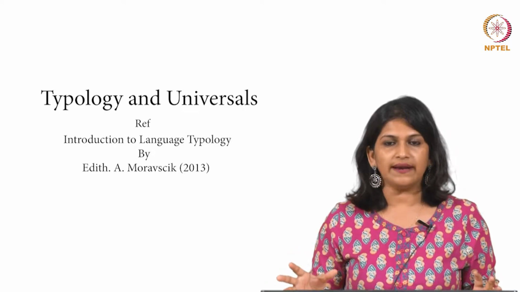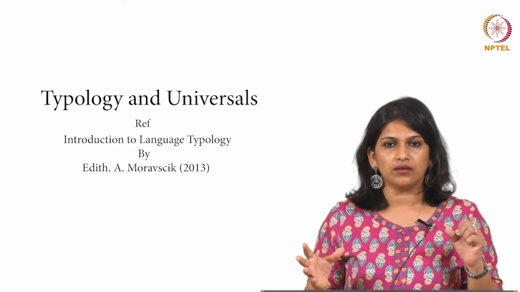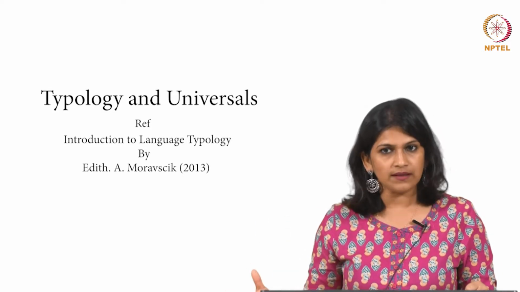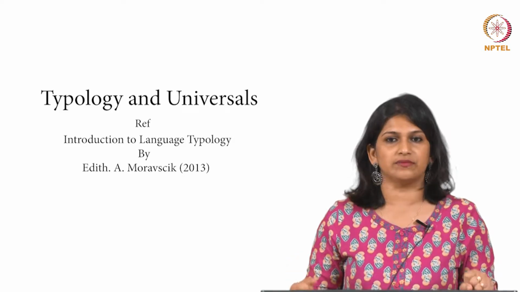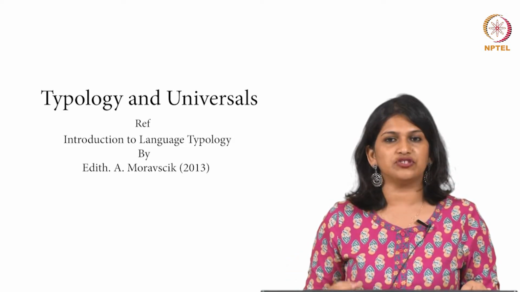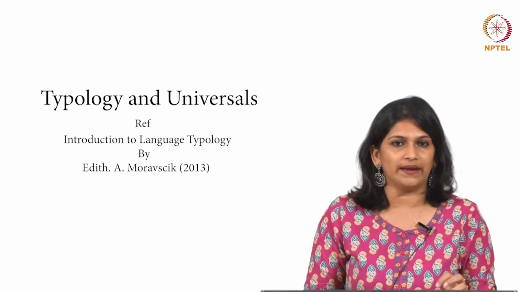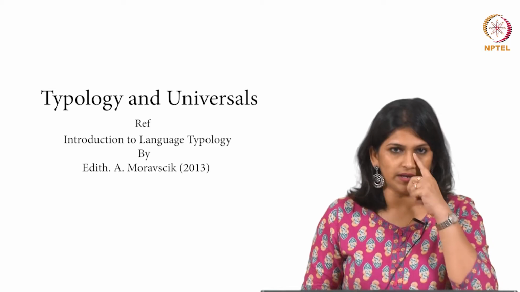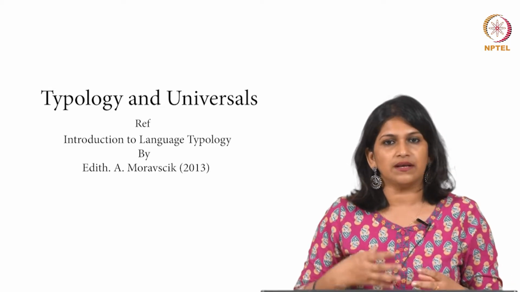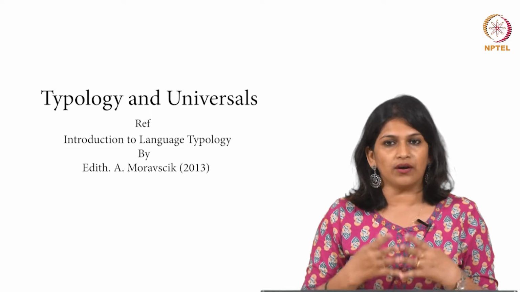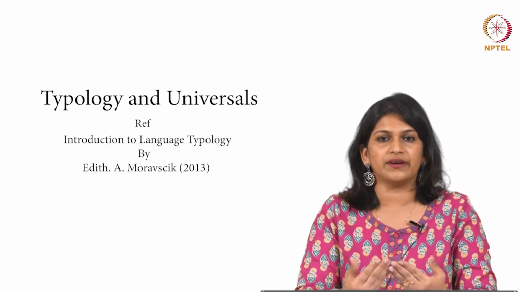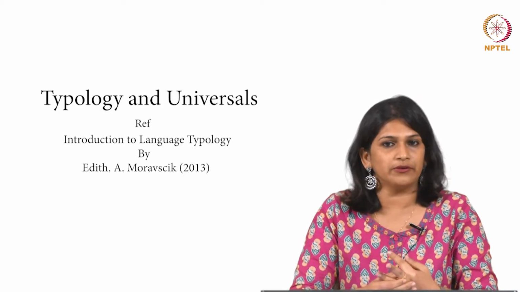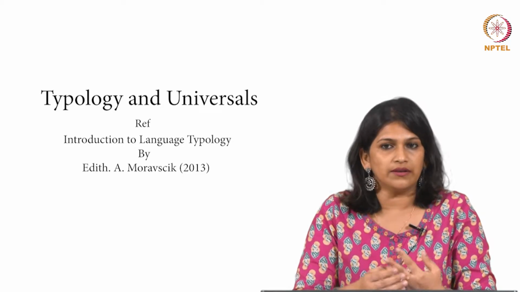But if you look at it carefully, then you see that one school of thought would focus on bigger sample size, more concrete analysis. The other school of thought would focus on the acquisition based abstractness. So, why children acquire their first language in a certain way, and what are the potential problems that children face while acquiring the language, and do you think these potential problems can result in this way by which the children are acquiring language, does it say anything about universal pattern of human language, which is why we have the universal grammar.